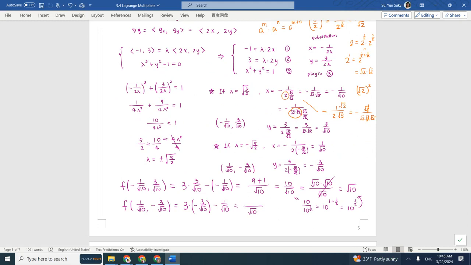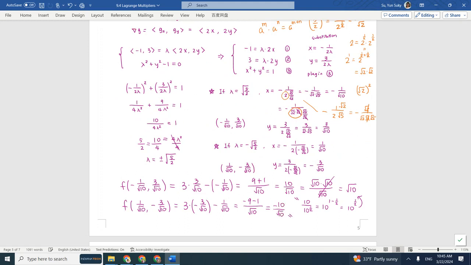Yes, everybody? And your numerator, what do you get? 3 times negative 3 is negative 9. Subtract 1. What is that? Negative 10 over root 10.